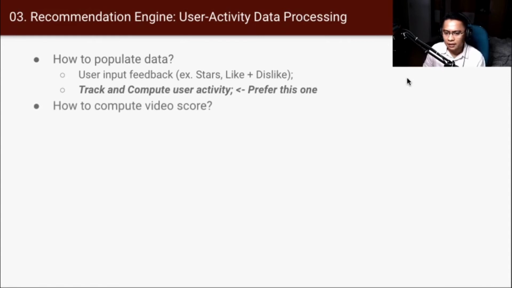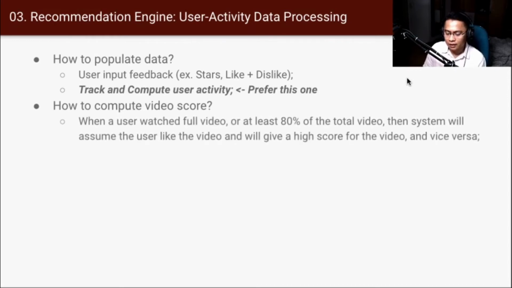Next, after we decided how we're gonna populate the data, we need to decide how to compute the video score. So maybe after doing some discussion, we decided to do the following.